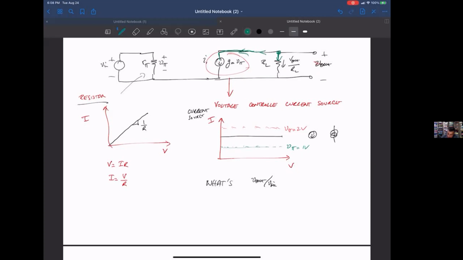Let's call that current I R sub L. The sum of those currents has to be the current going into V out. And there is no current at V out, this is just an open circuit here. There's no load here. So basically this current has to equal this current, because this plus this will equal this, which is 0.